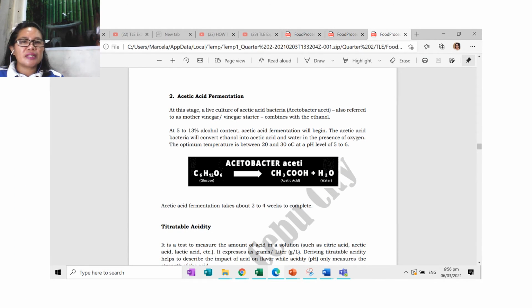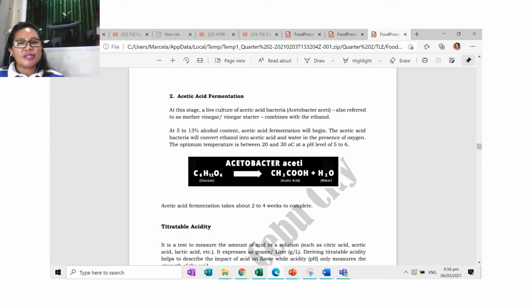Next is the acetic acid fermentation. At this stage, a live culture of acetic acid bacteria or Acetobacter aceti, also referred to as the mother vinegar starter, combines with the ethanol. At 5 to 13% alcohol content, acetic acid fermentation will begin.